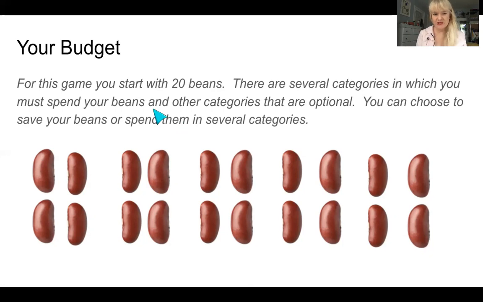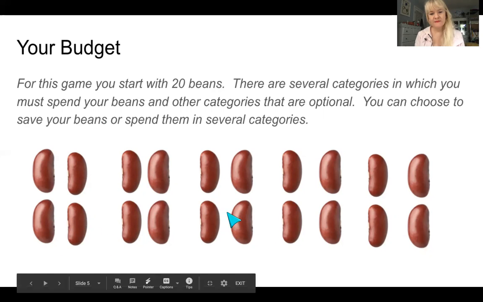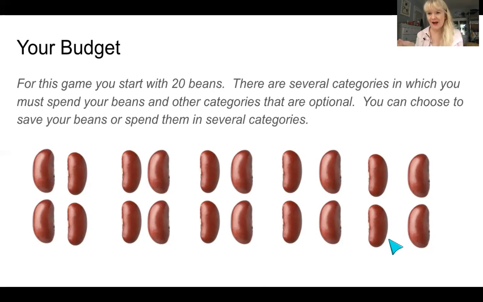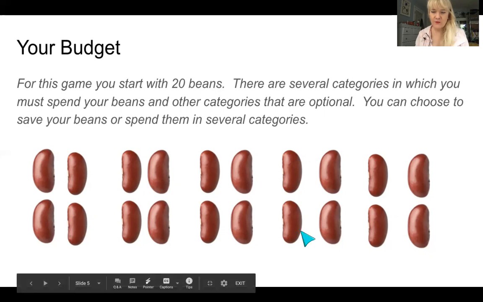So let's count them by 2s. 2, 4, 6, 8, 10, 12, 14, 16, 18, 20. So we have 20 beans no matter how we count them. That's our budget. So we're going to look at how we might plan to spend our beans.